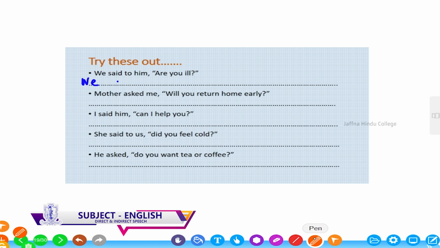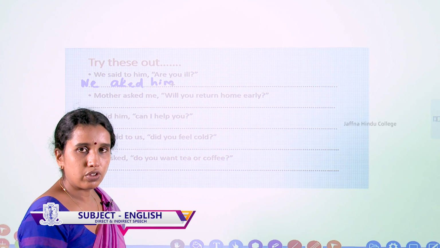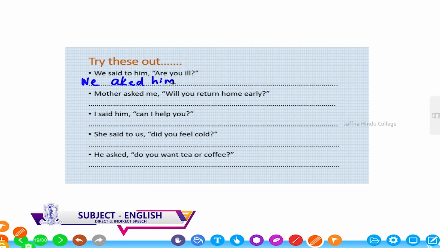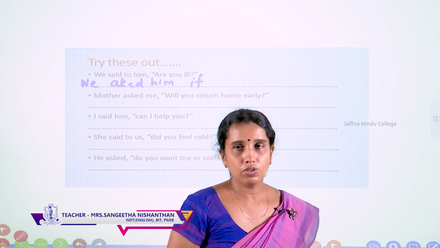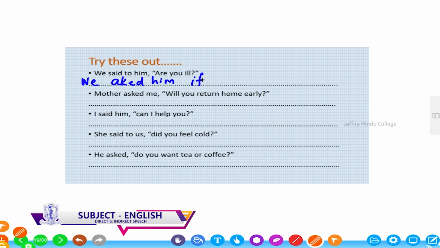This is a yes or no question. So, we asked him. We should use if or whether. If the are goes after the subject you, this you denotes him, right? The you denotes him. We asked the question towards a boy, him.